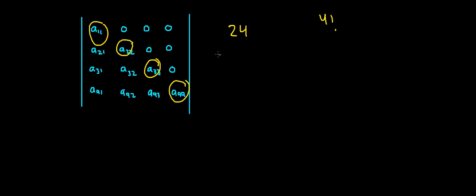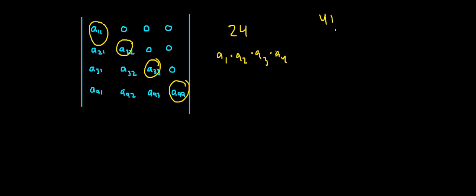Each of these is going to be an elementary product, 24 elementary products, A1 times A2 times A3 times A4. Each of them is going to be 4 different things multiplied together.